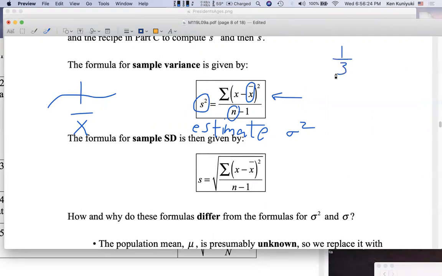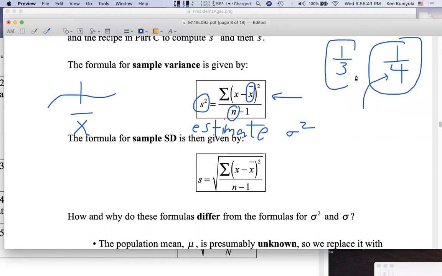Folks, let's say you have a third of a pizza versus a fourth of a pizza. Which is more pizza, which is less pizza? We have two fractions, the tops are the same. The 1/4, however, is less pizza because the denominator is bigger. The 1/3 is more pizza because the denominator is smaller.